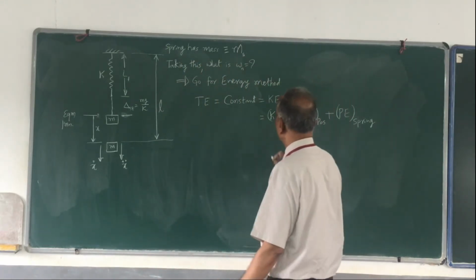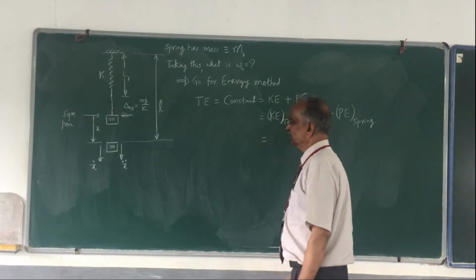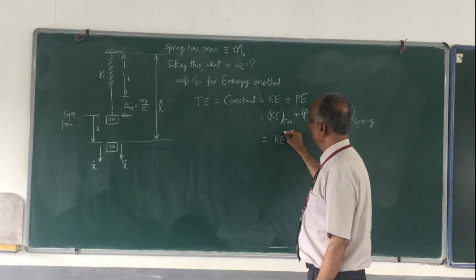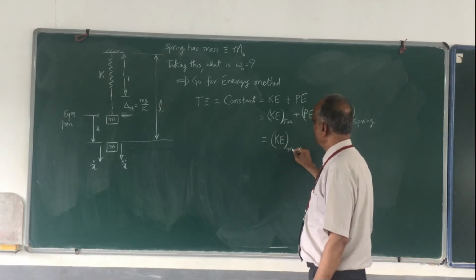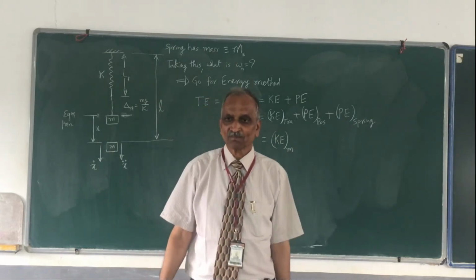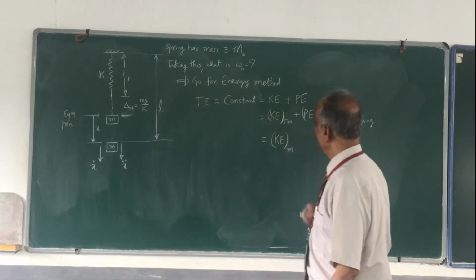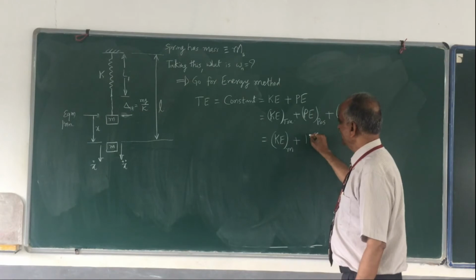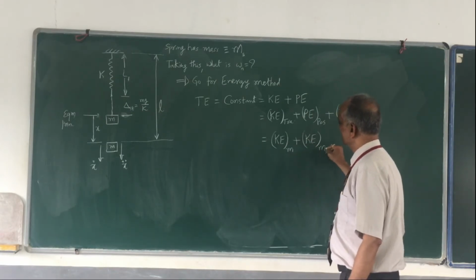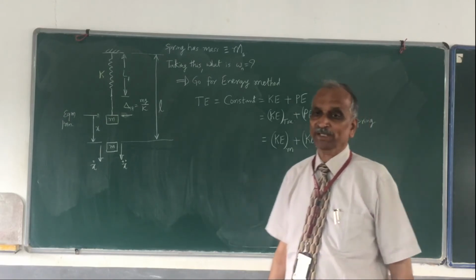Okay, so now let me come back here. I have kinetic energy because of the small mass, whatever mass you have attached. Then I also have kinetic energy because of ms, the mass of the spring.